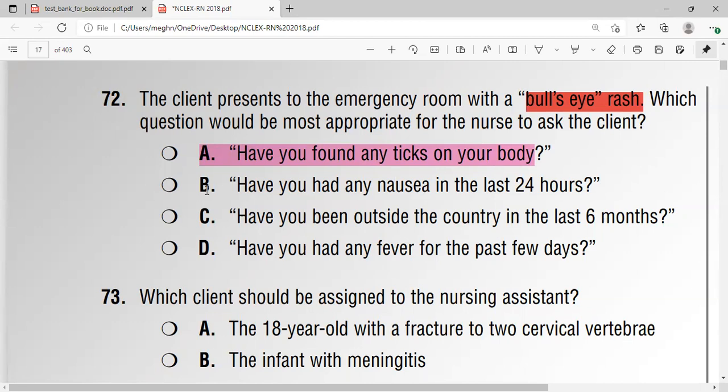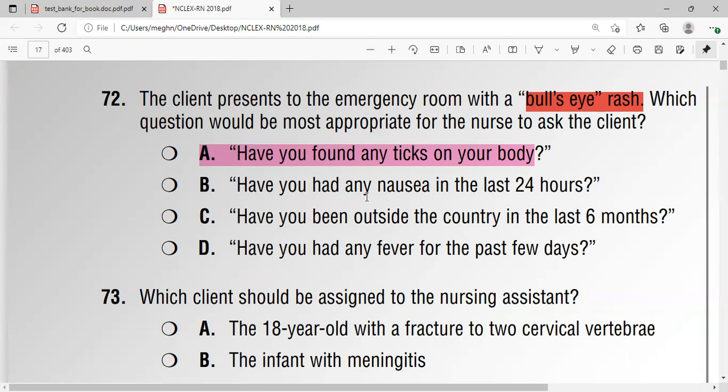Although answers B and D are important, the question asks which question would be the best. Answer C has no significance because the country in the last 6 months does not make sense.